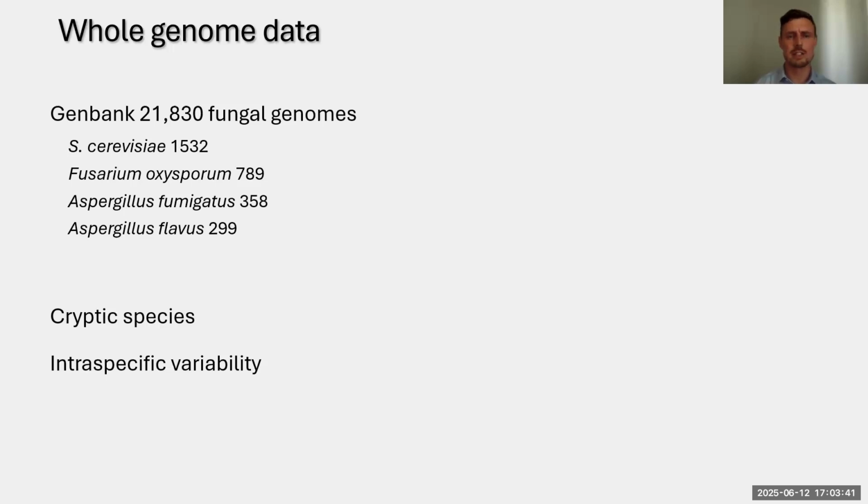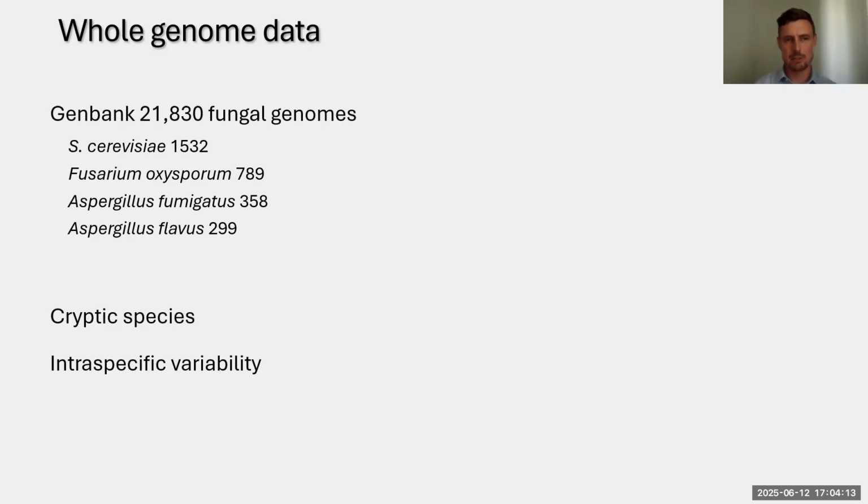So just to say a little bit more about the whole genome data. I just checked that there are already more than 20,000 whole genome sequences of fungi in GenBank, which is, I would say, a pretty high number, but it's also a little bit more complicated by the fact that there are certain species that are overrepresented within this set.